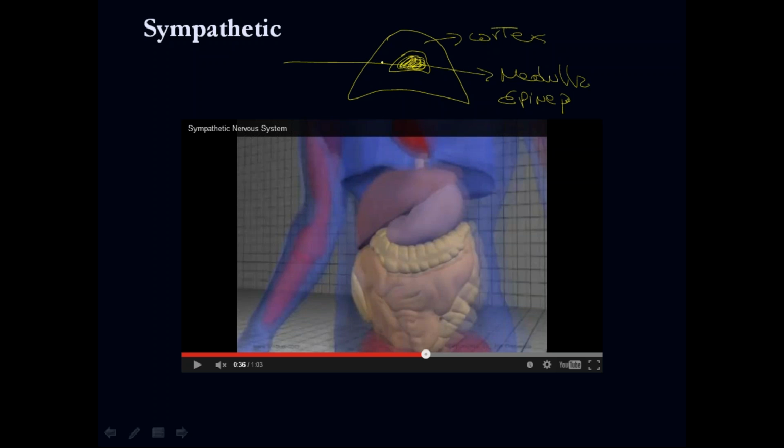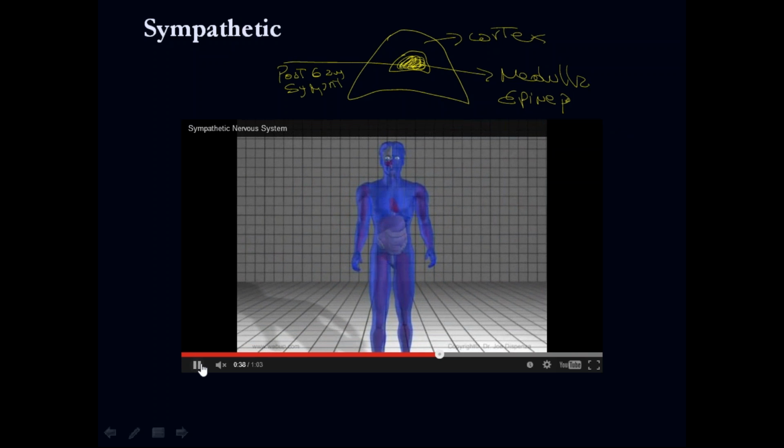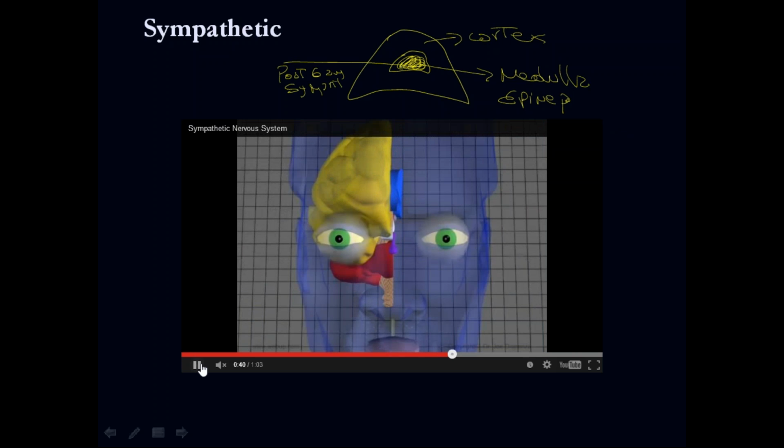It's connected to the postganglionic sympathetic. That is where the adrenaline in our body is coming from. Okay? All right. So that is about the sympathetic nervous system.